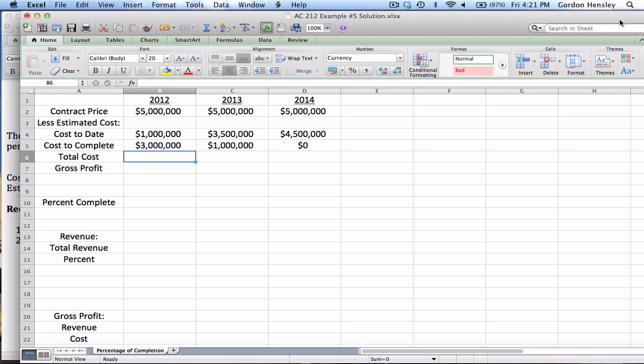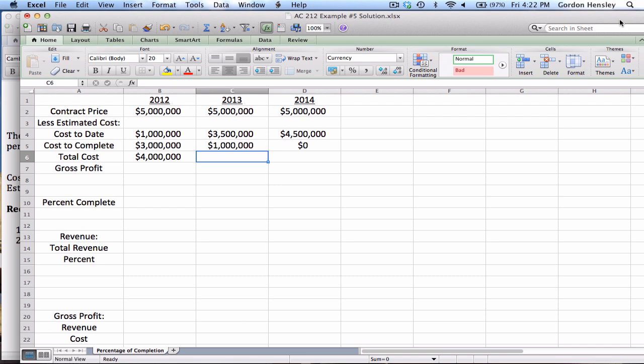Now, the total cost is going to be a function of the money that was spent to date and the money left that they feel it will take to complete the project. So in year 1, if they've already spent to date $1 million and they feel it's going to take an additional $3 million to finish the project, at that point the total cost was $4 million.